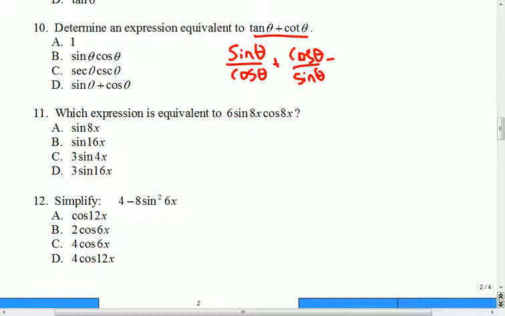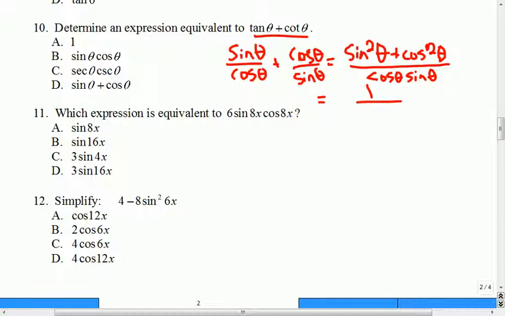And if I make a common denominator, this isn't a trig proof. You don't have to do this nicely and presentably. So you can skip steps as long as you're comfortable with it. If I make a common denominator, I get cos squared over cos theta sine theta, which of course is just 1 over cos theta times the sine of theta.